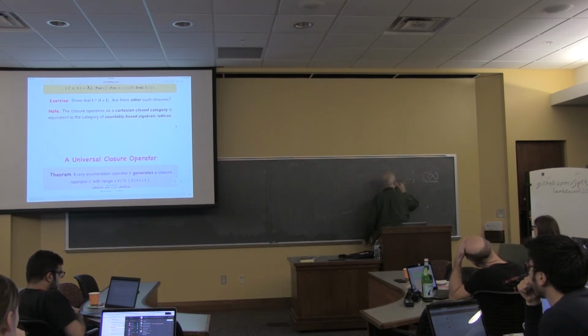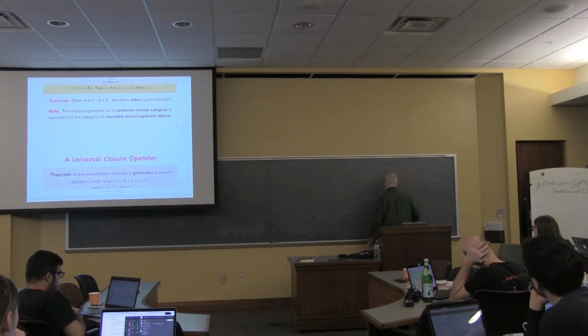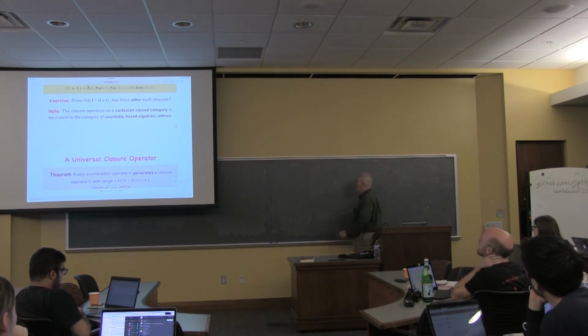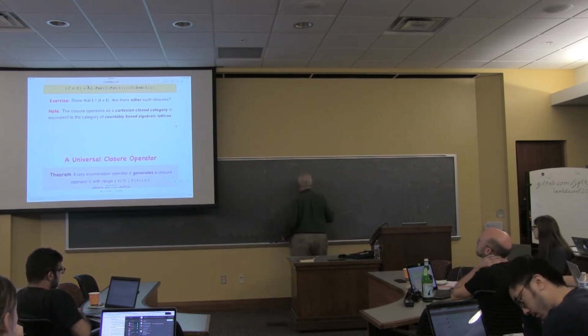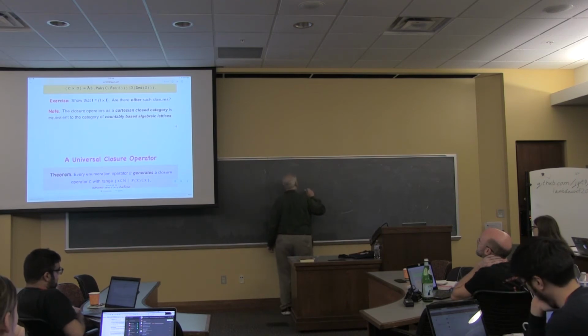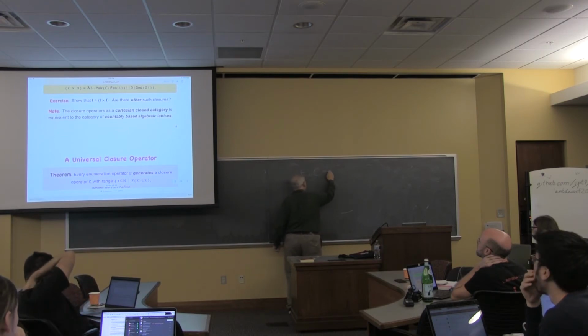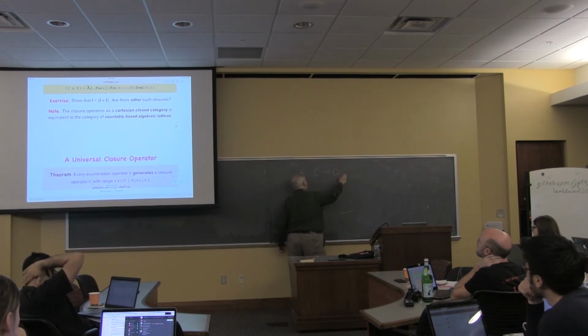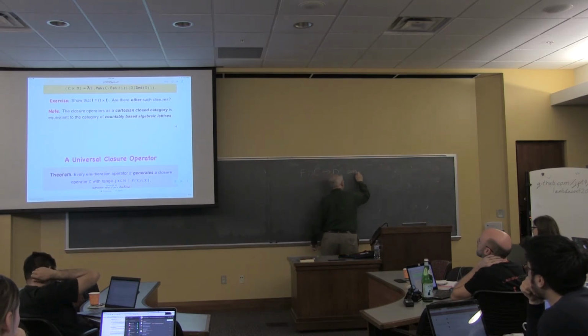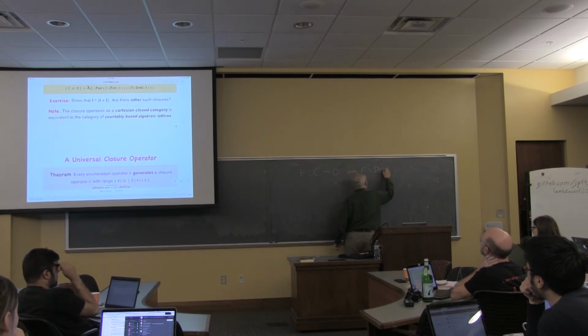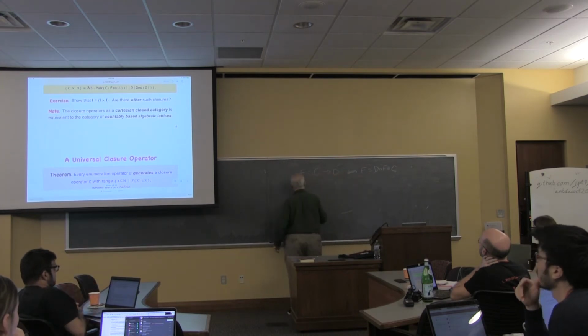We have a category of closure operators where F is a mapping from C to D, means F equals D circle F composed with C.